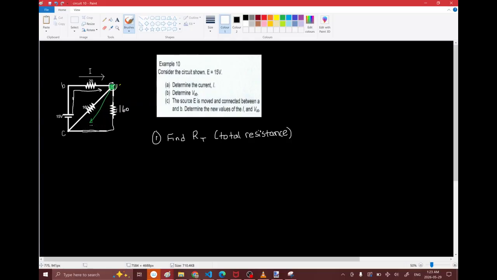So let's look at the circuit again. We have current coming out like this. It goes over like that, hits this node, and then goes through here and goes through here. So that means that the 160 ohm resistor here is actually in parallel with this 160 ohm resistor.